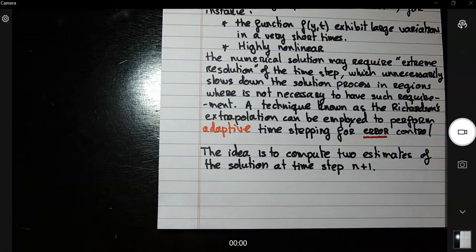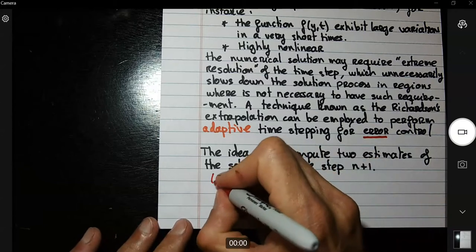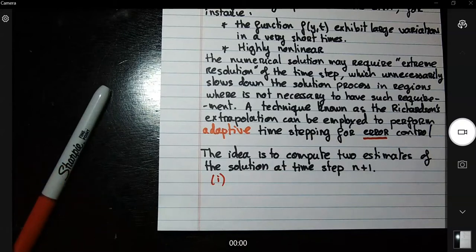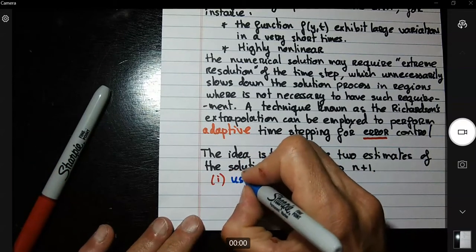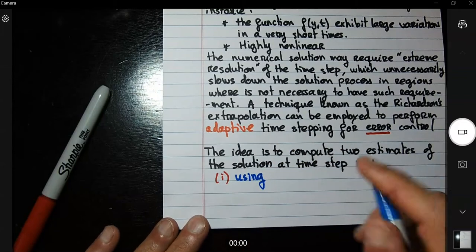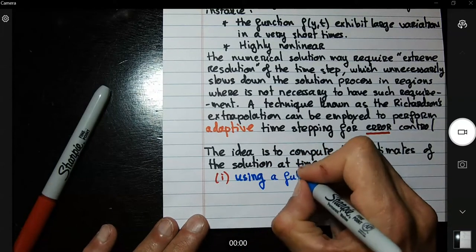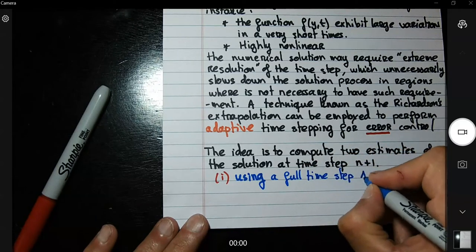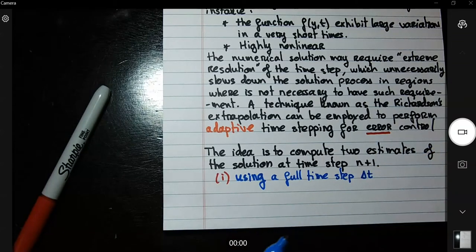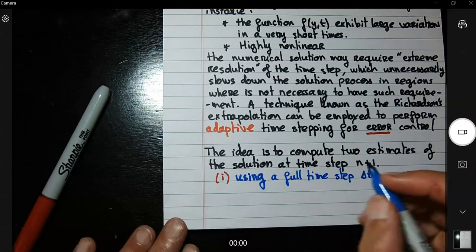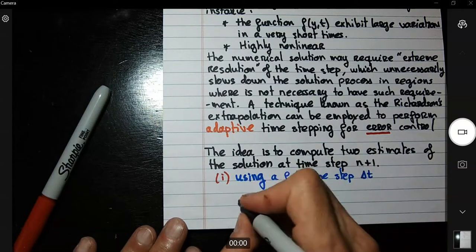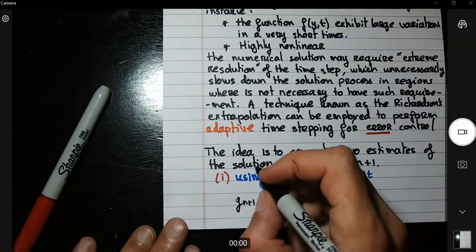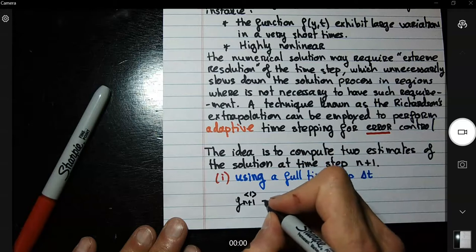All right, so the first case is using a full time step delta t. Doing this, you're going to calculate y_{n+1}, which we call y of 1 to make a difference.